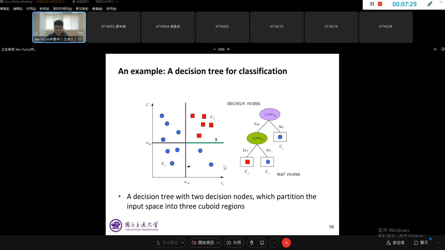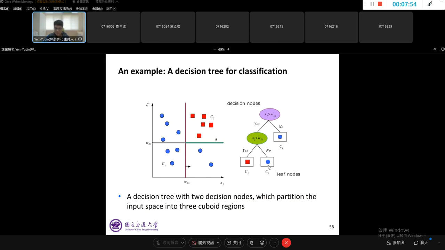Here is an example. In this decision tree, there are two decision nodes, each of which is associated with a decision function. So this is the first decision function, and this is the second one. As you can see, there are three leaf nodes in this decision tree.